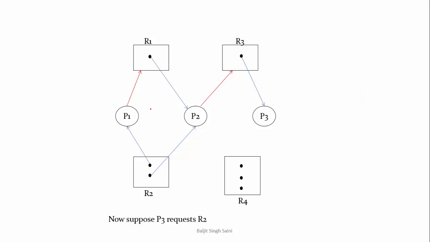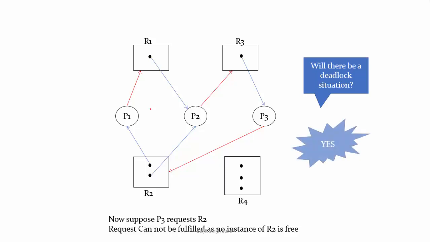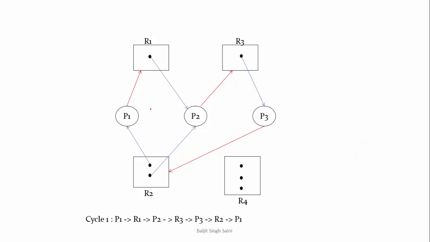Next, P3 request for R2. Can this request be granted? No. Will there be a deadlock? Yes. So we can see that now, due to this request, the system has entered into a deadlock state, because you can see two cycles in this.